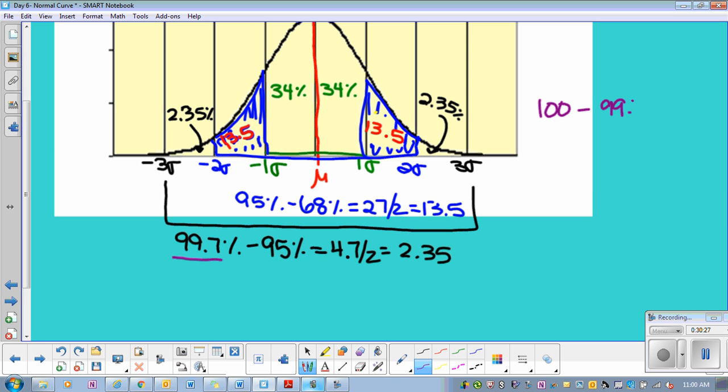So 100 minus 99.7 gives me what? 0.3. Now divide that by 2. What do you get? 0.15. So this is 0.15%. Remember, these are all percentages. And this guy is 0.15%.